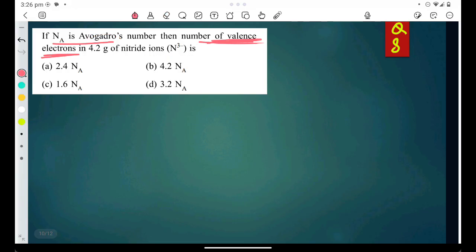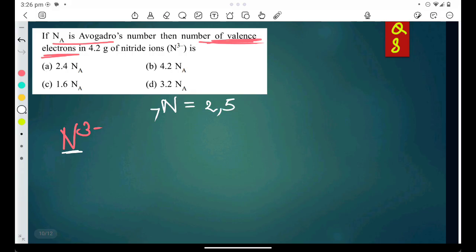So we are given nitride ion, N3 minus. If you look carefully, in nitride ion how many valence electrons do we have? What is the electronic configuration of nitrogen? Nitrogen is 7, so 2, 5.